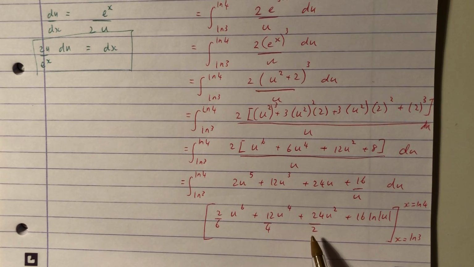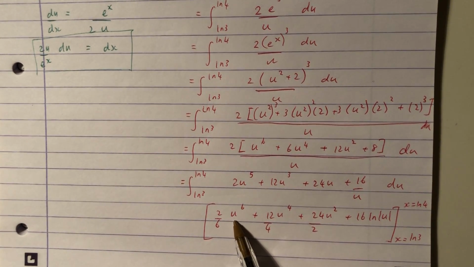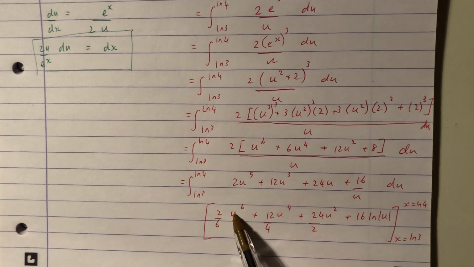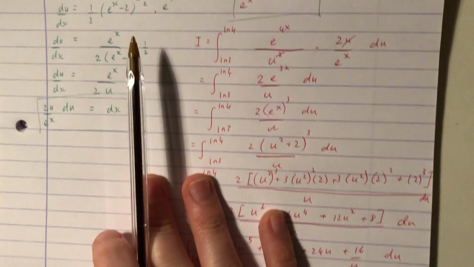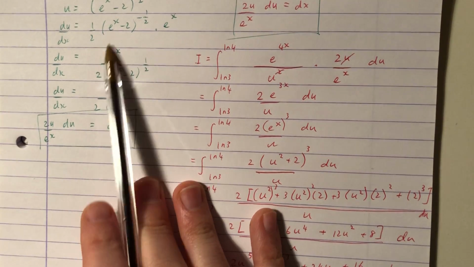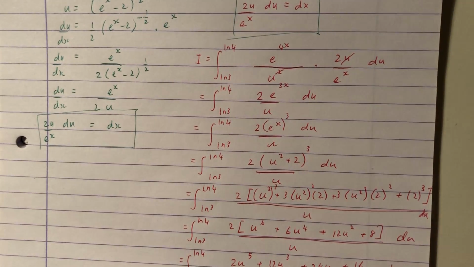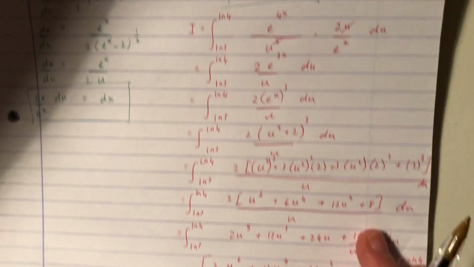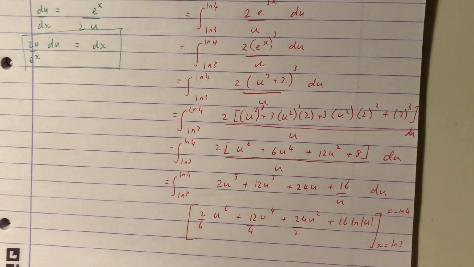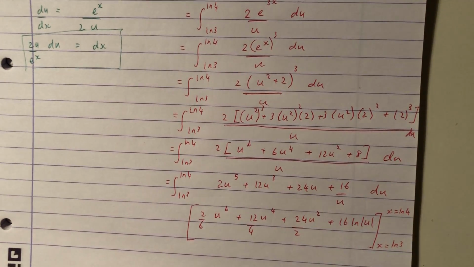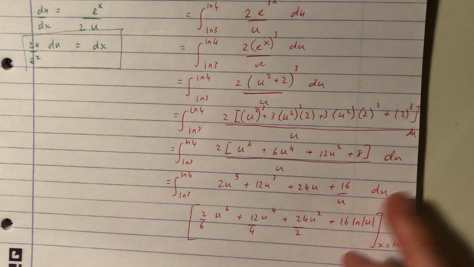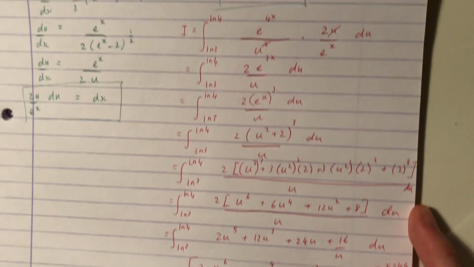So my option is, I guess, either replace all of these u's with something to do with x's from above, or change the limits so they're in terms of u. And for this one, I'm going to change the limits so we've got u's instead of x's. So let's see how I can do that.